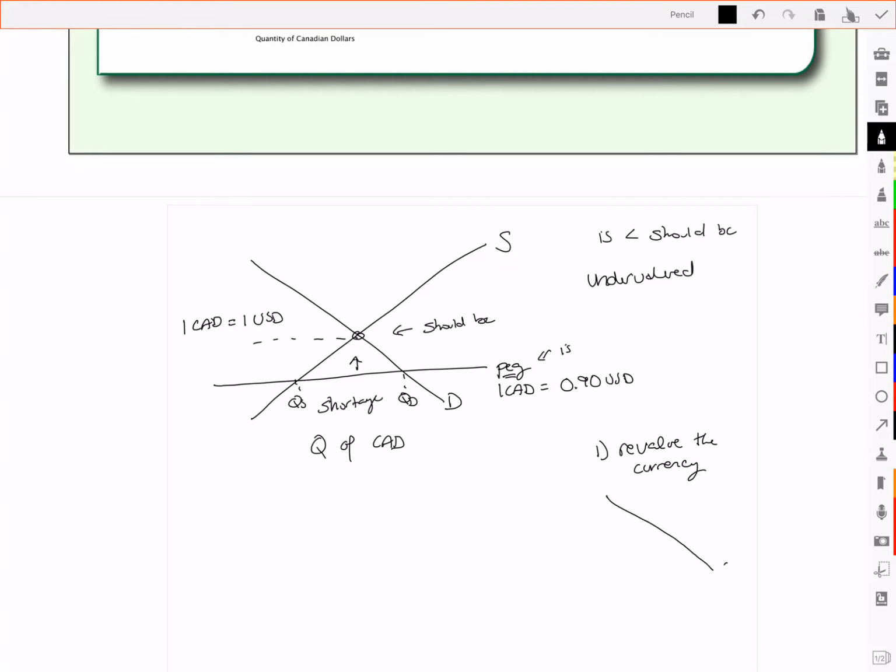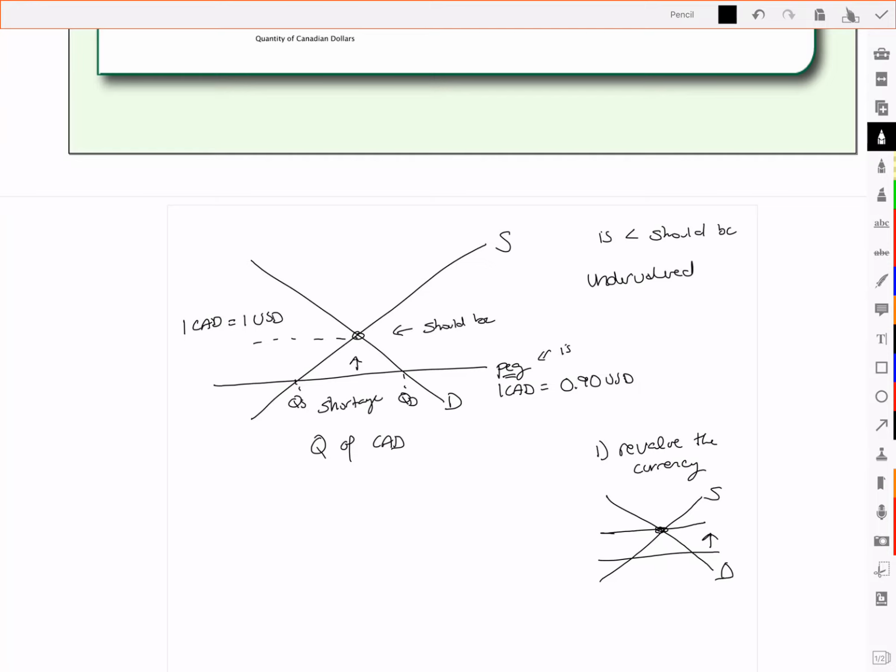So we can say, okay, that peg is too low. Let's now reset the peg at what the market says it should be. So instead of having it pegged at 1 Canadian dollar equals 90 cents US, we're going to set the peg at 1 Canadian dollar equals 1 US. Well, the problem is we don't really want to do that because we had a reason for setting the peg at 90 cents US.